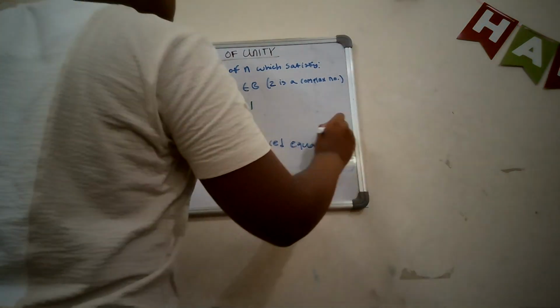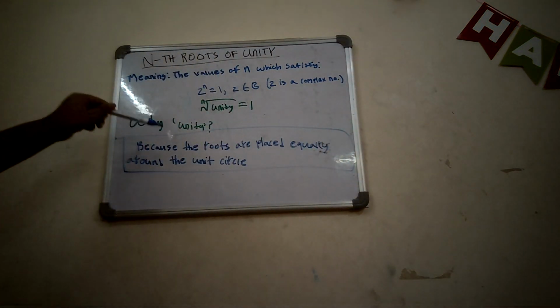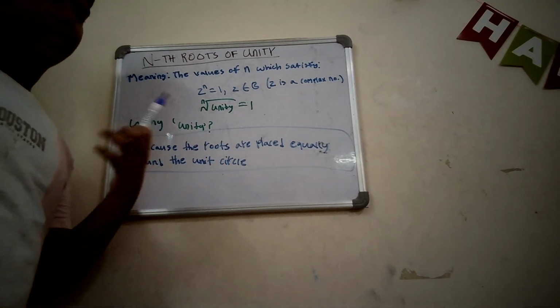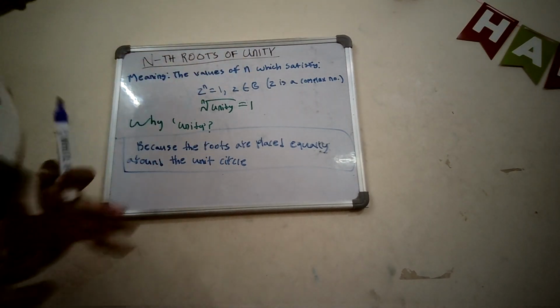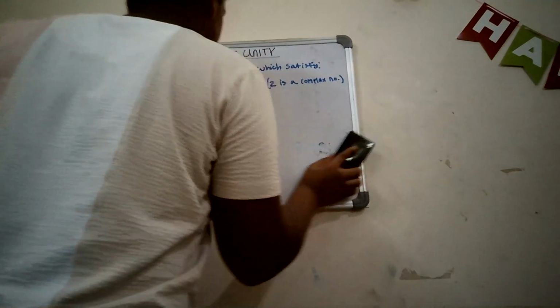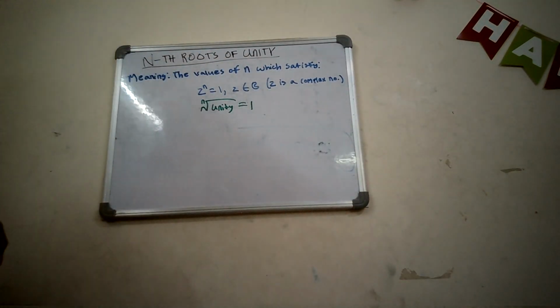This is the main reason, okay? And I'll show you. That's why you can think of it as united. They're placed equally around the unit circle. I'll show you like this. That's how it is. So now let's talk about the cube roots.